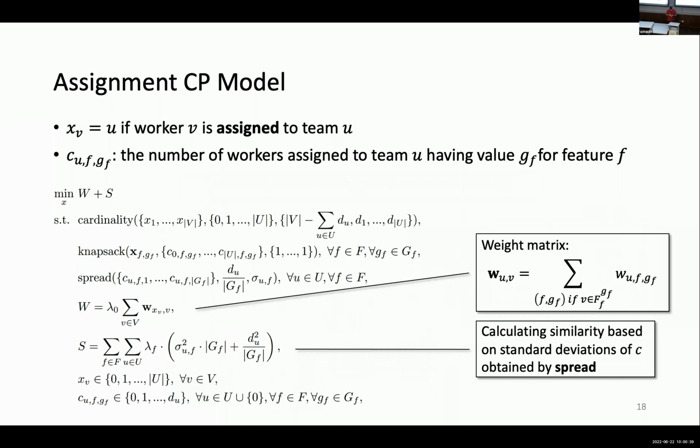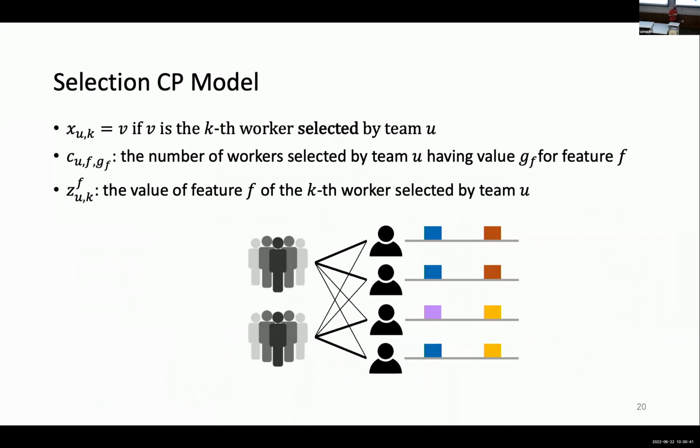Okay. Secondly, we have a selection CP, which uses an ordering over the workers. And so X_UK is V, if V is the kth worker assigned to team U. Okay, so we're introducing some symmetry, which is unfortunate. And this gets kind of complicated.